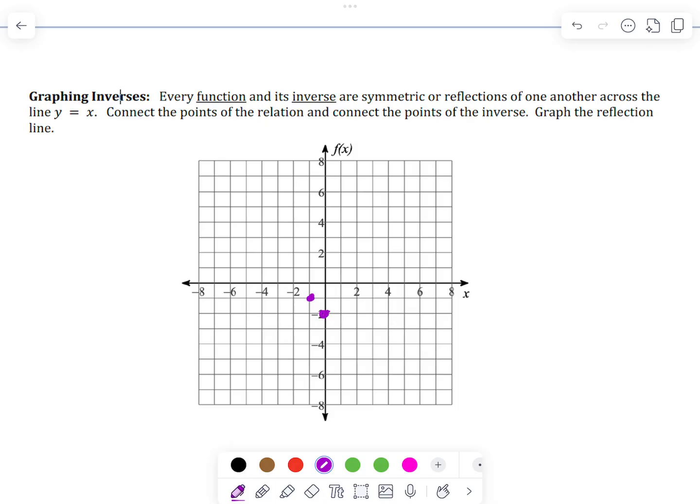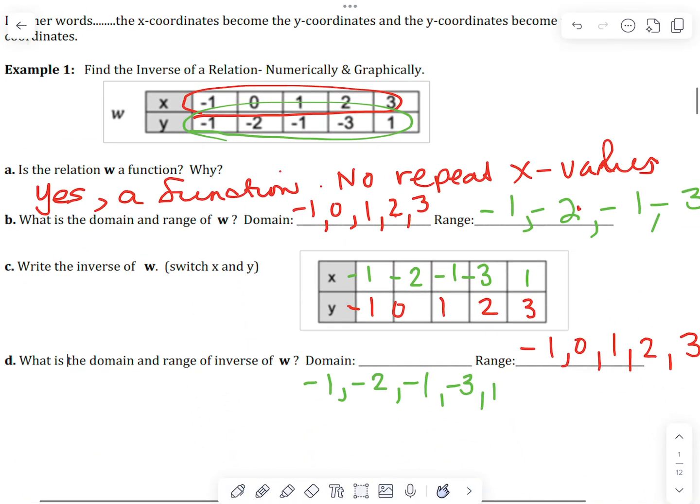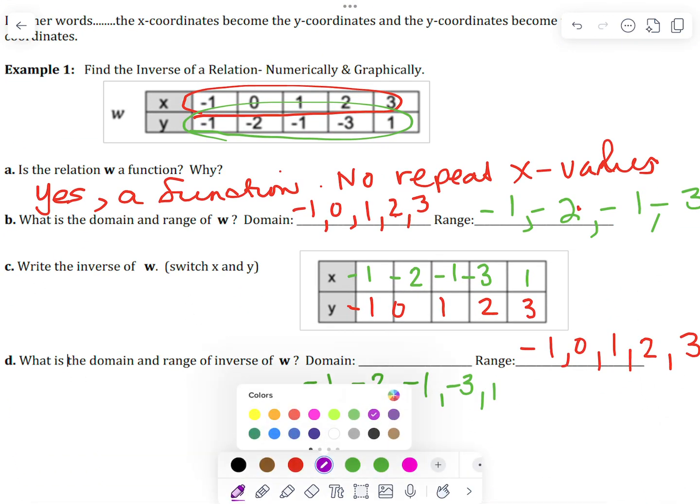And then over 1, down 1. And then over 2, down 3. As I do that, I'm going to start to connect the points. And then over 3, up 1. So that is our original set of ordered pairs right here.